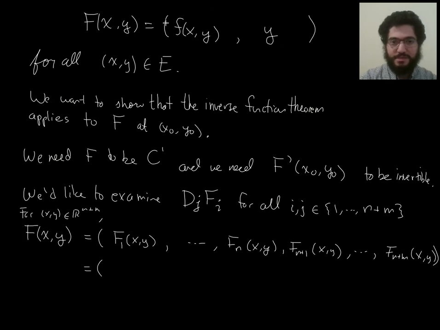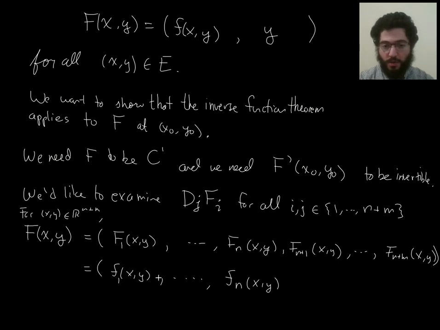Okay, but this is a list of 2 items. But remember, we're thinking of a list of 2 items where the first item is an n tuple and the second item is an m tuple. We're thinking of that as a list of n plus m items, actually. So the first item would be the first component of f, the first component of f of (x, y), and so on. We keep getting these up through all n components of f.